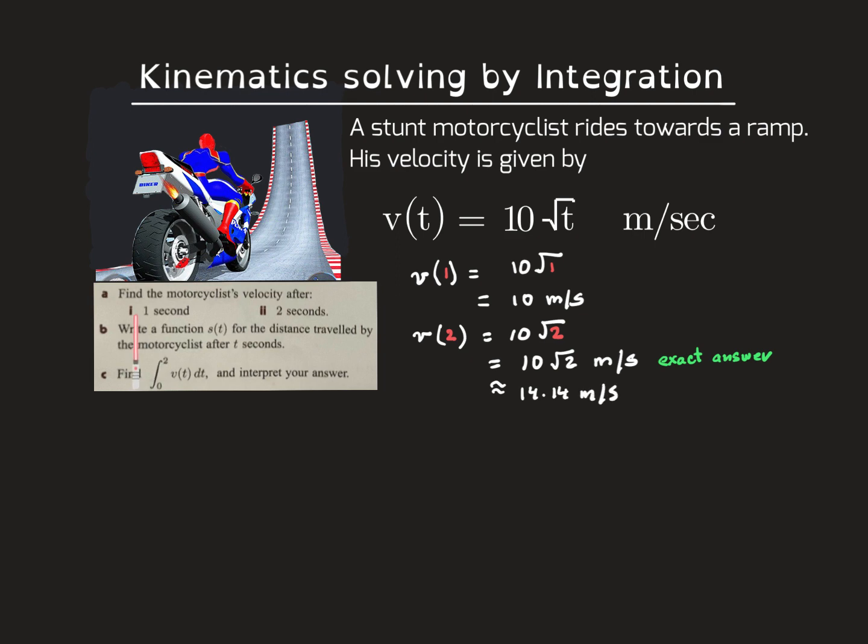And so to write the function for the distance traveled by the motorcyclist after t, we need to use integration because we know that s(t) is equal to the integral of the velocity function dt.